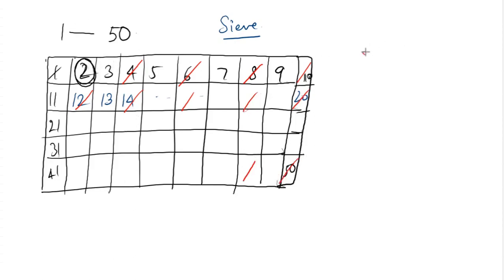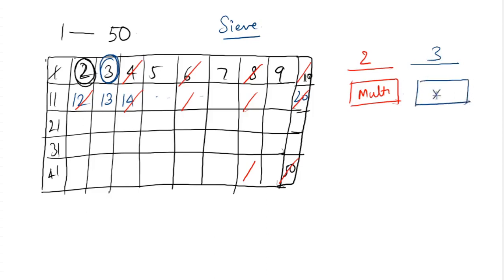So here 2 remains and the rest are multiples of 2. Then it will move to the next number which is not marked. So 3 will be the next number, and multiples of 3 will be filtered out. 6 is already filtered out, so leave it as it is.